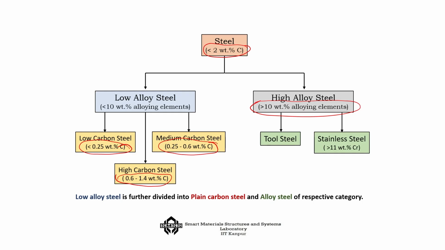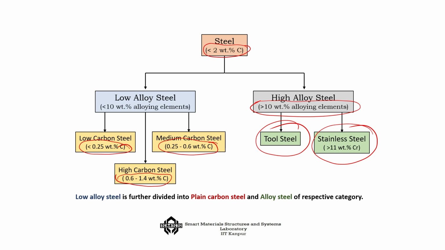Now, in the high alloy steels, where greater than 10% of alloying elements are present, we have one of the big categories which is called stainless steel. It has greater than 11% chromium, and of course, we have the tool steel. So, these are the groups that we are going to see.